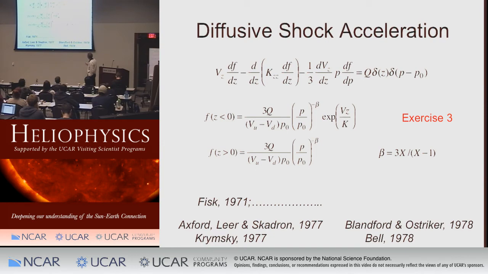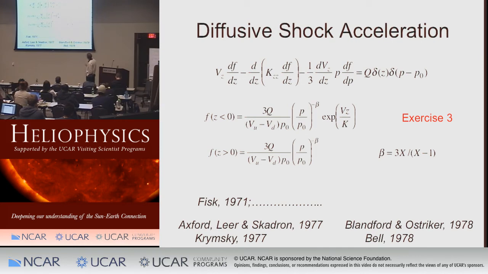It turns out, if you work through this, and this is exercise number 3, another one of the exercises that you have access to, you find the following. You find that the distribution, for z greater than 0, I guess I've got the flow coming in from the left.